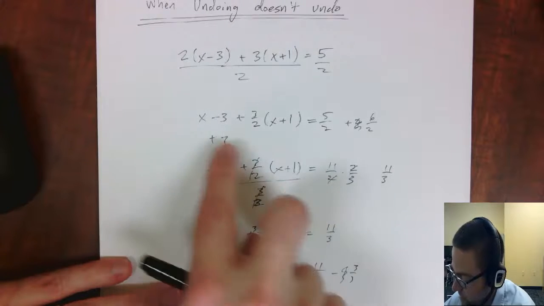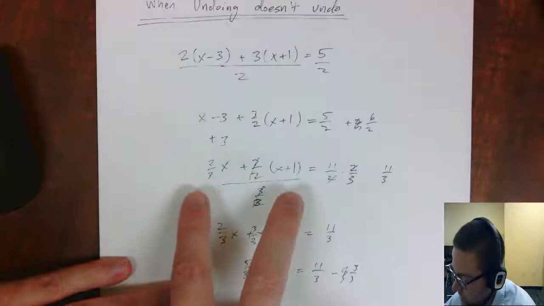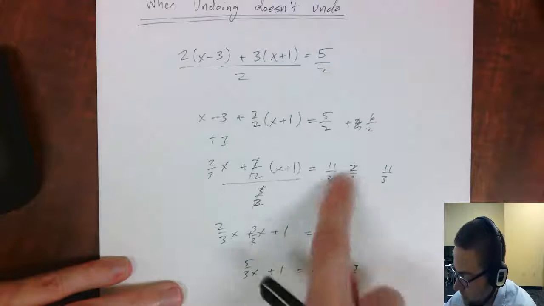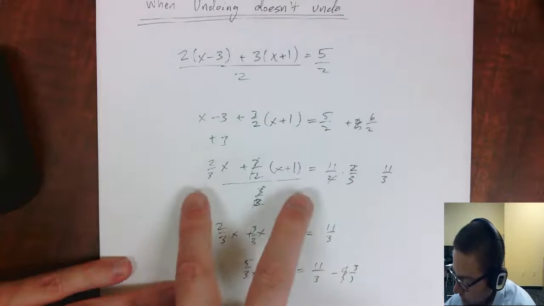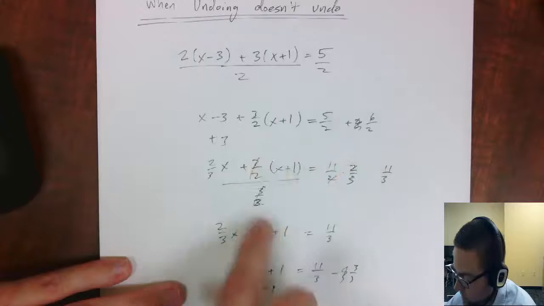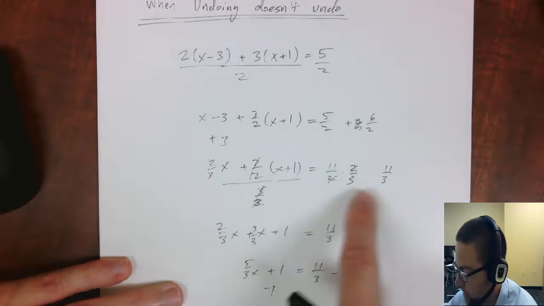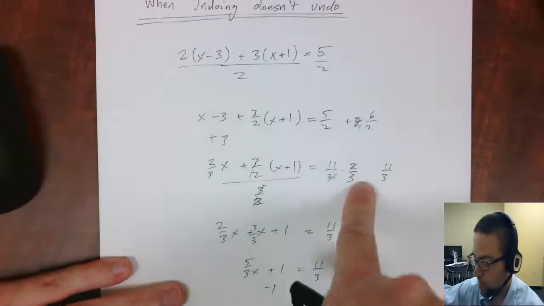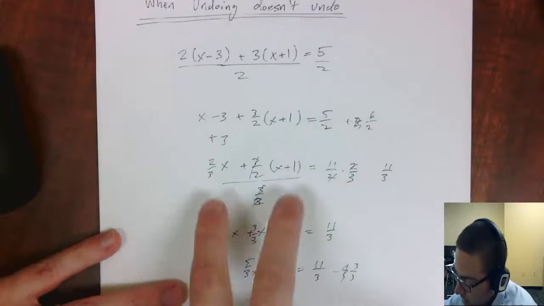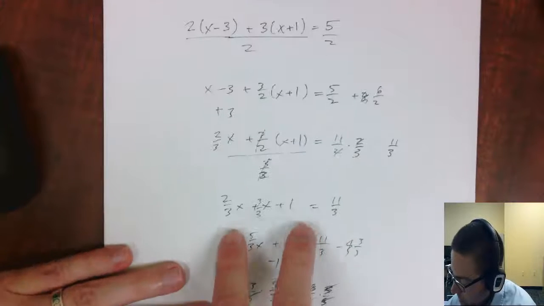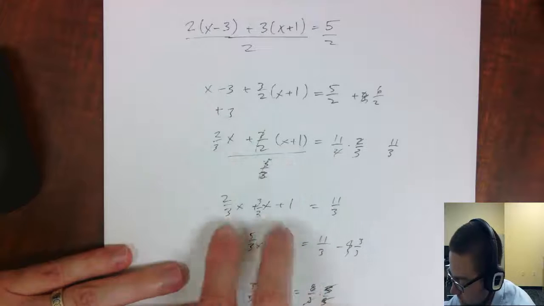And then I subtract 3 from both sides, which is the same as 6 halves, and I get 11 halves. And then I want to get rid of this 3 halves, so I divide the whole thing by 3 halves on both sides, which is the same as multiplying by 2/3. And then I can combine these two like terms, these x's, right?